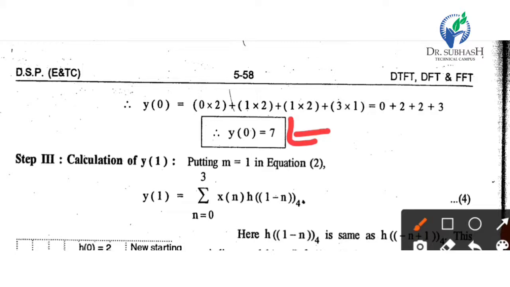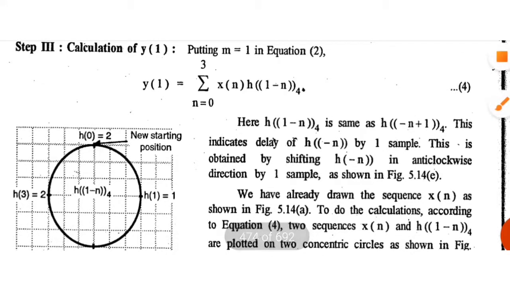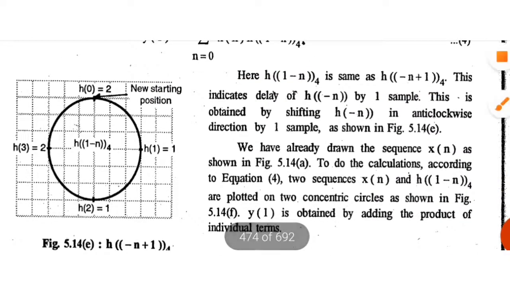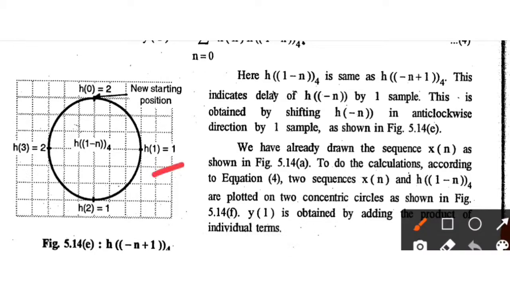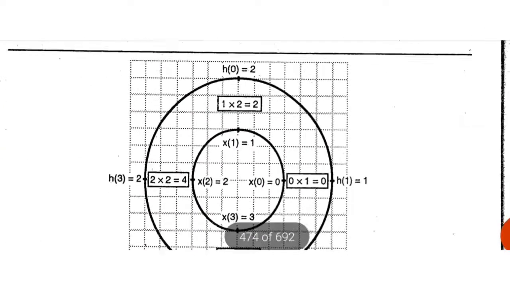In a similar way, to obtain y of 1 we use the equation summation n equal to 0 to 3 of x of n h of 1 minus n. Now h of 1 minus n is the same as h of minus n plus 1. This indicates a delay of h of minus n by 1 sample. So we will plot h of minus n plus 1 and multiply as in the previous case.